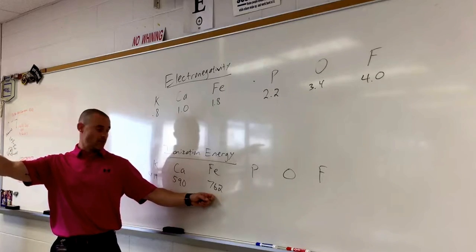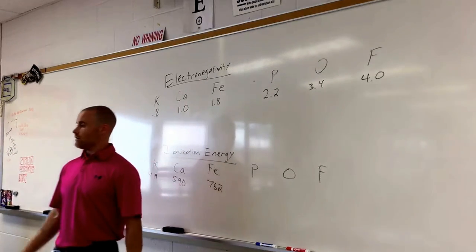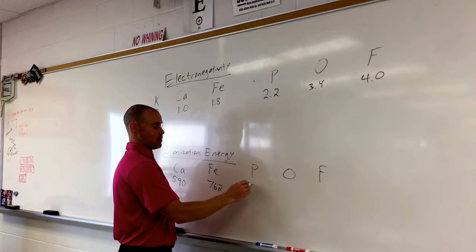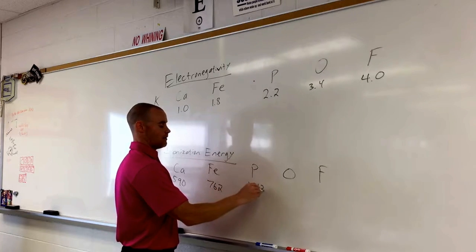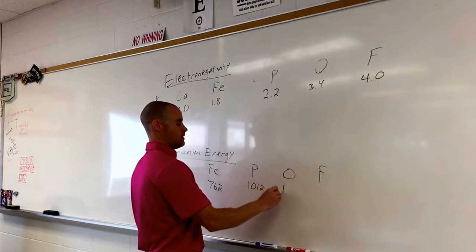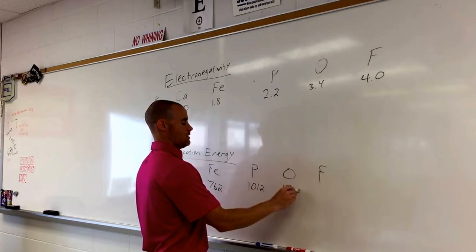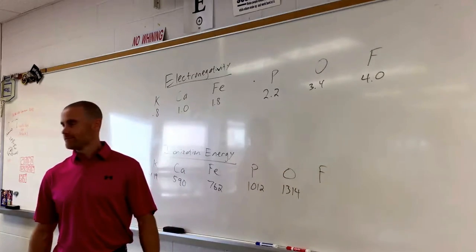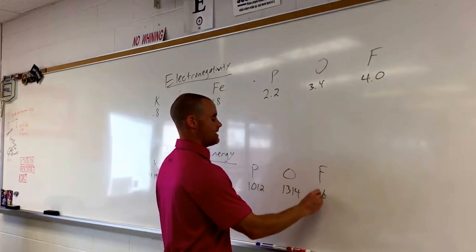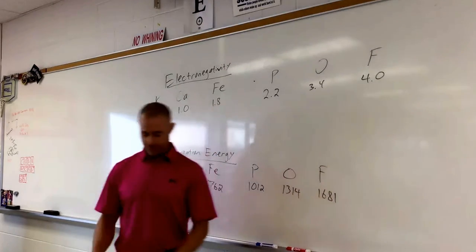P, Sydney. 1,012. Oxygen, Cal. 1,313. And then F, Bree. 1,681. Okay.